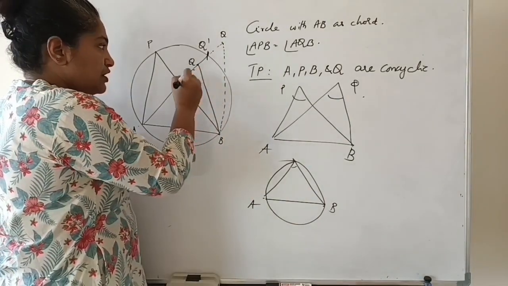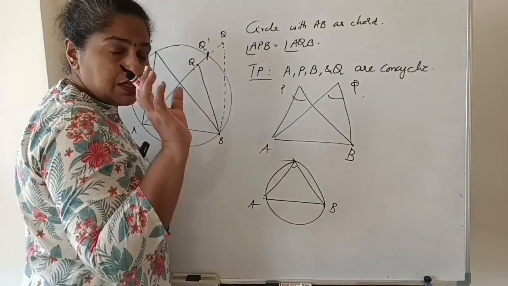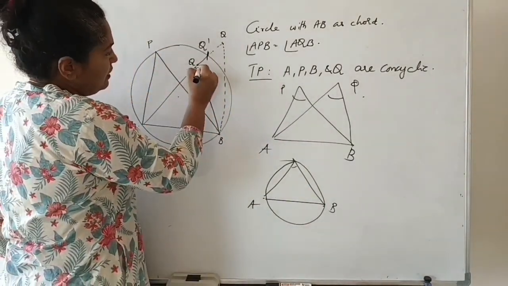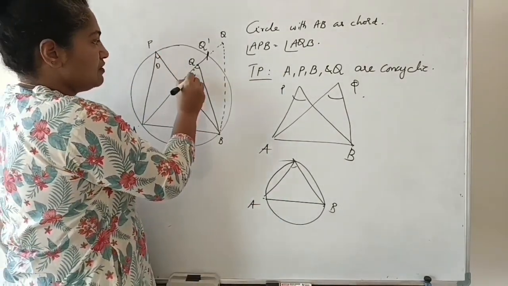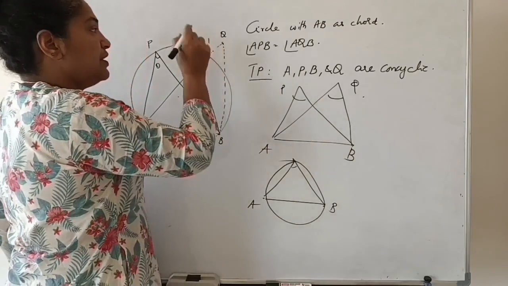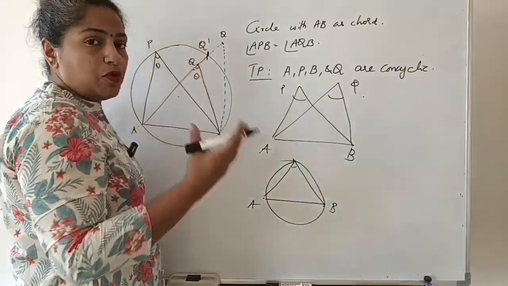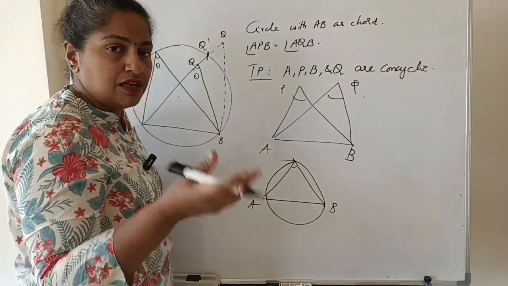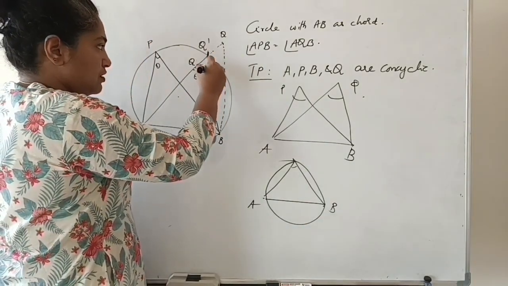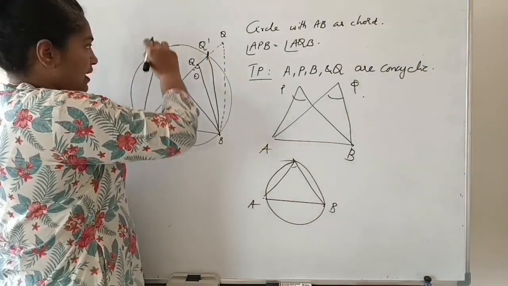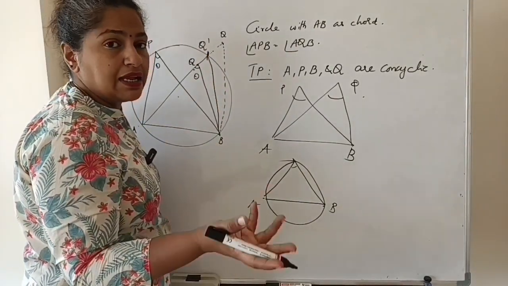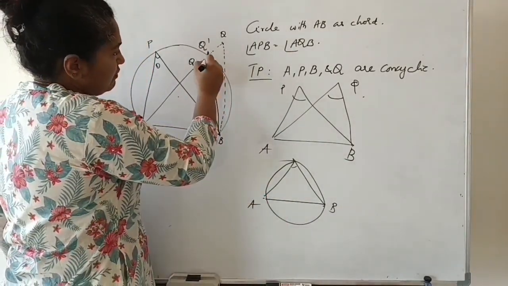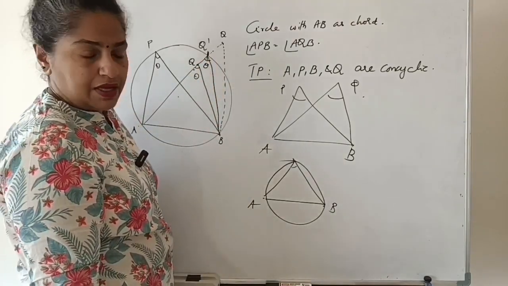According to the statement, angle AQB and angle APB are equal. So if this is theta, this is also theta. Now, Q dash is a point that is on the circle. So according to the theorem, angle APB and angle AQ dash B also have to be equal because they are angles in the same segment. So this is also equal to theta.